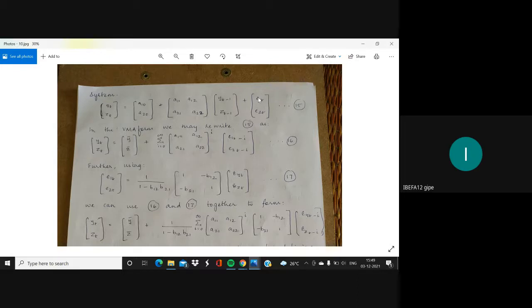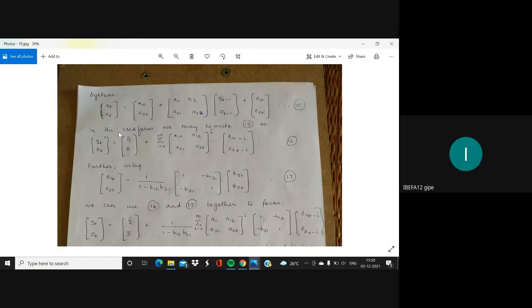Similar to what we did when we were studying ARIMA models, you'll find that yt is equal to some mean value, and then you have the vector moving average error terms coming into the picture. You'll have the cumulative sum of the error terms entering the equation.